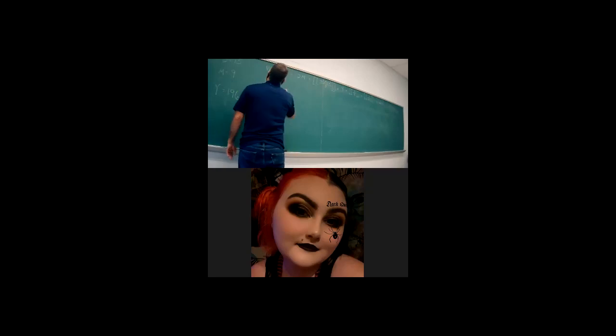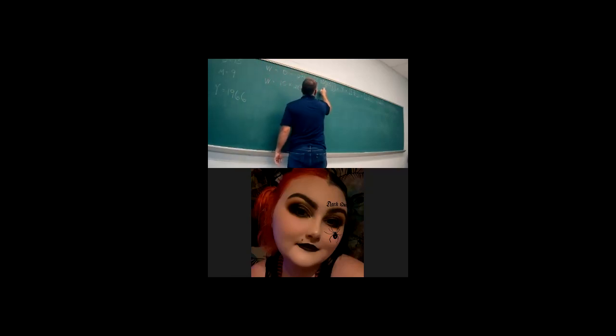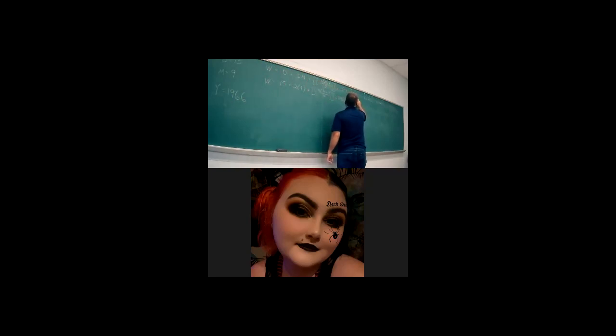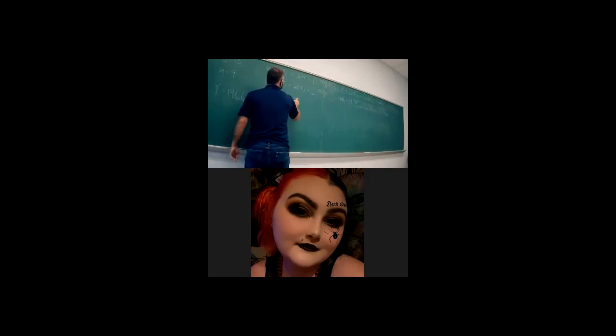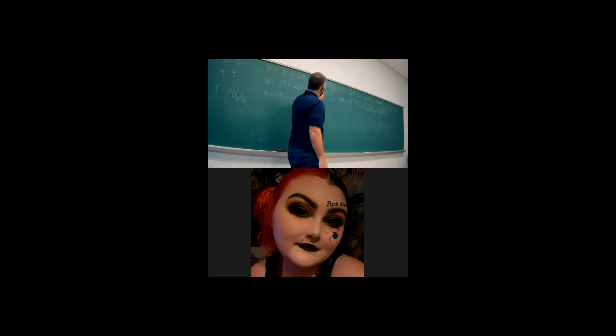So I'm going to put in my numbers. 3 times 10 is 30, plus 1, is 31, divided by 5 is 6.